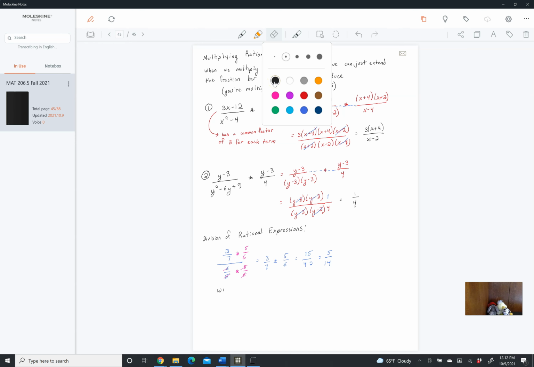When we divide, we are taking the numerator and multiplying by the reciprocal of the denominator.